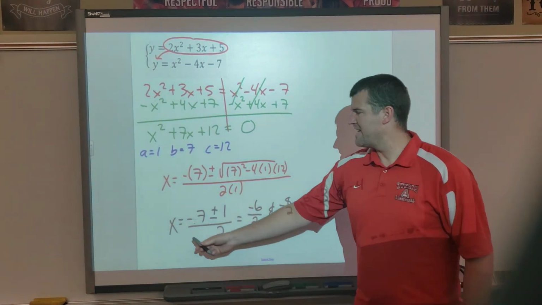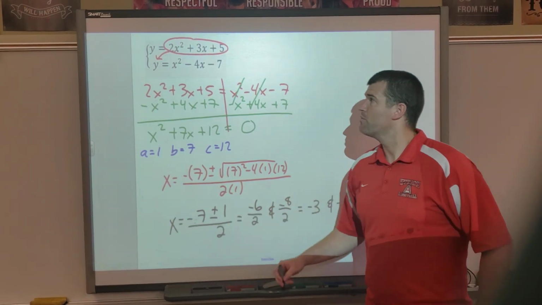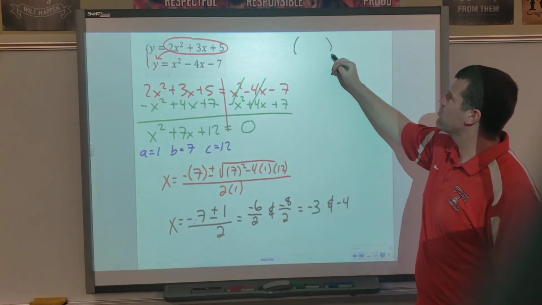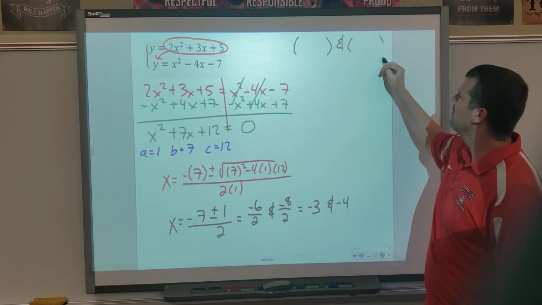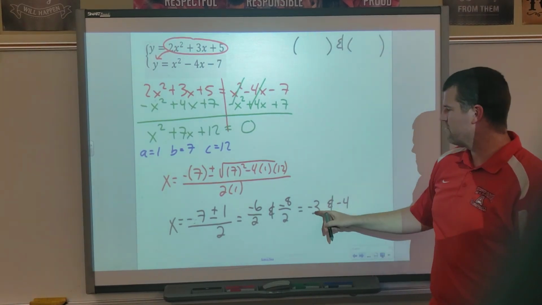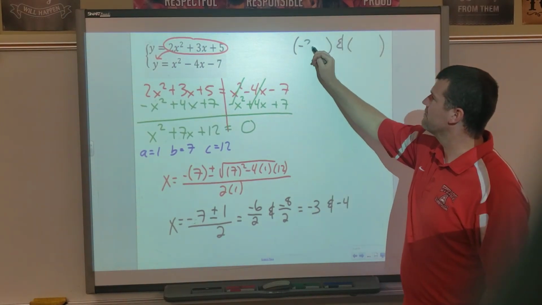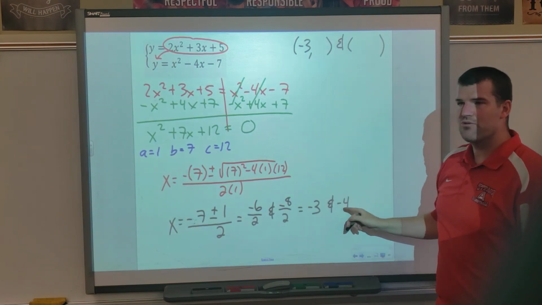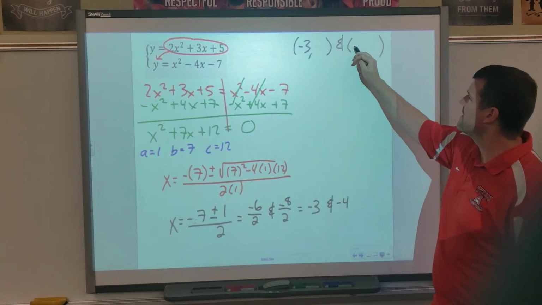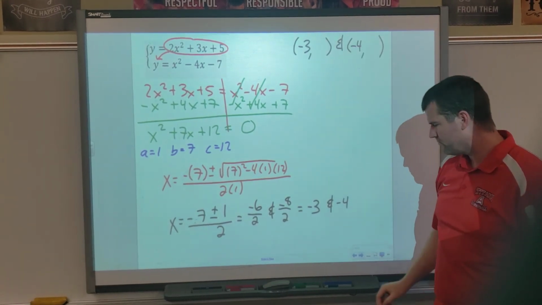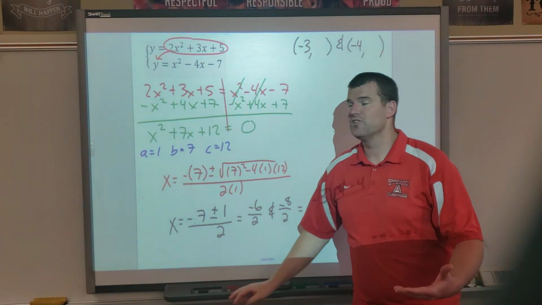But again, that's just what x equals. We have found the x coordinate of both solutions. We know that the x coordinate of one solution is -3, and the x coordinate of the other solution is -4. Now we've got to go back and do some work, right?